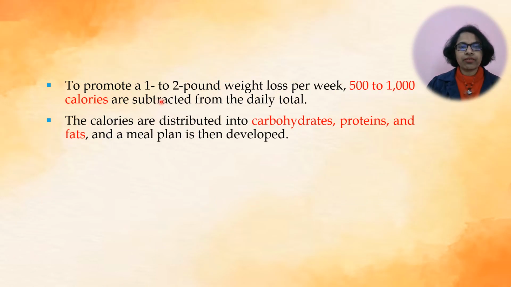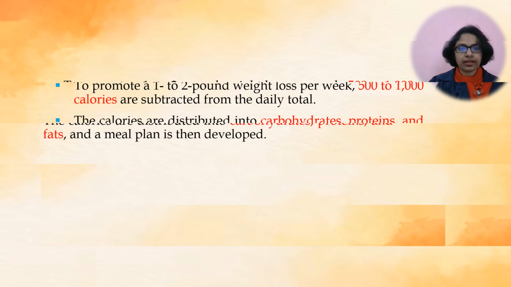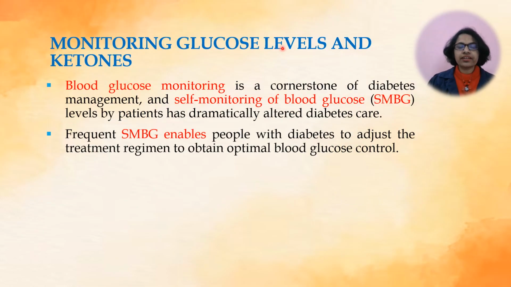To promote a 1 to 2 pound weight loss per week, 500 to 1000 calories are subtracted from the daily total. The calories are distributed into carbohydrates, proteins, and fats, and a meal plan is developed.